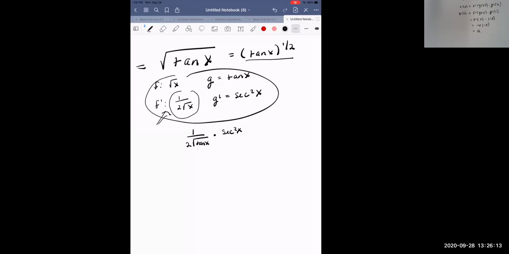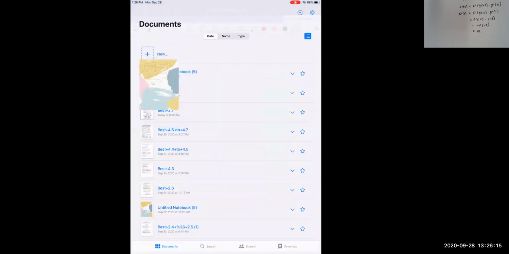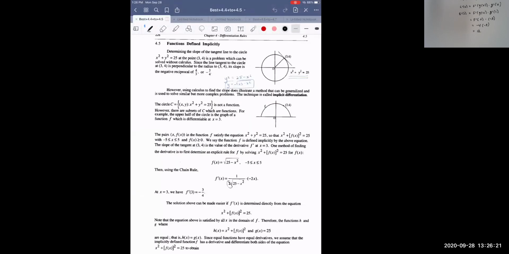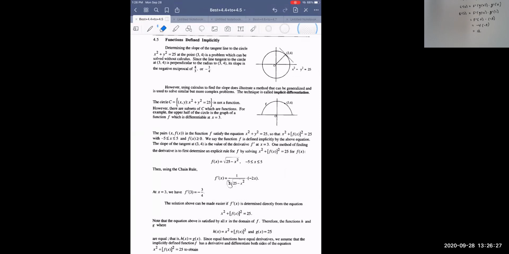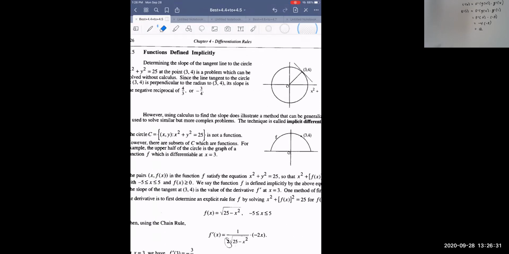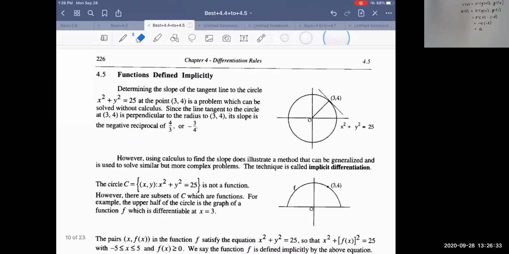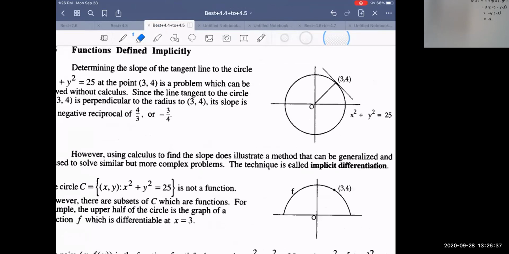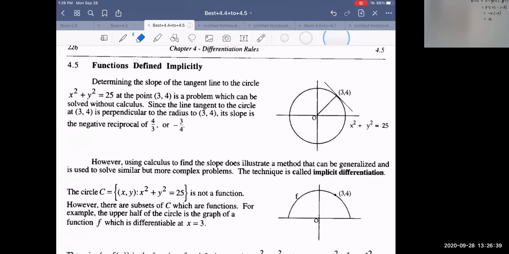Okay. Well, then we'll go into section 4.5, implicitly defined functions. And really, for your purposes in this class, you might be wondering, what is an implicitly defined function? An implicitly defined function is a function that contains both x's and y's in it.